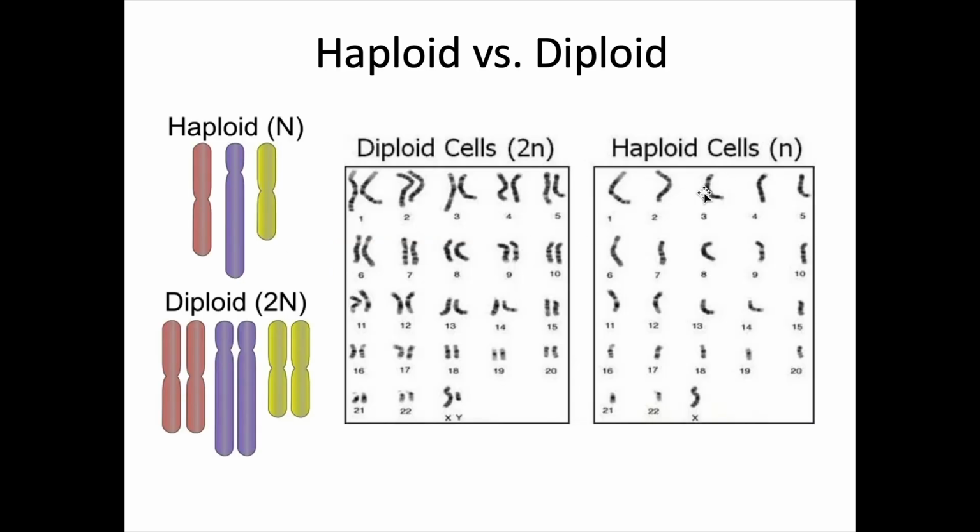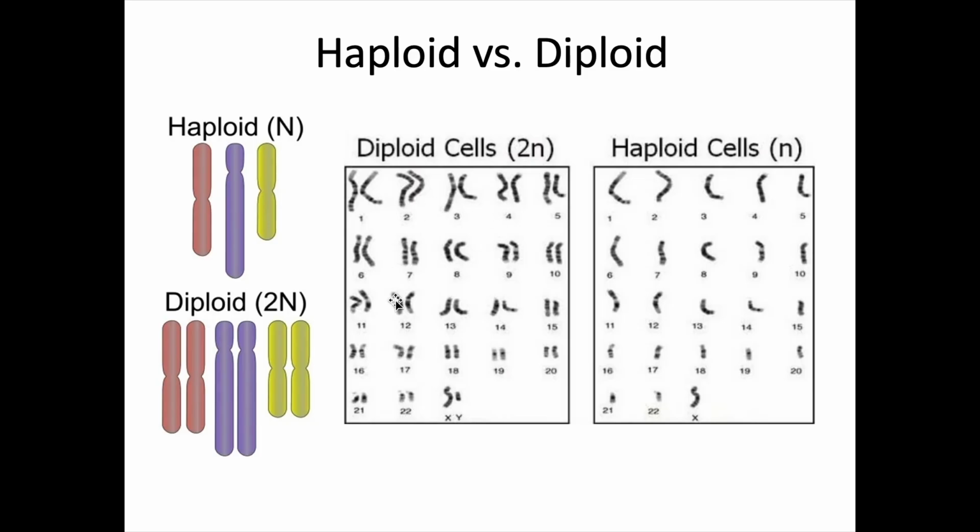Haploid, just to have a visual to this, refers to, and I'm reading off the key terms here, haploid is a cell, nucleus, or organism containing one set of chromosomes, often abbreviated as lowercase n or sometimes 1n, one copy of each. Diploid is, reading from the key terms, a cell, nucleus, or organism containing two sets of chromosomes, and this is usually put as 2n.